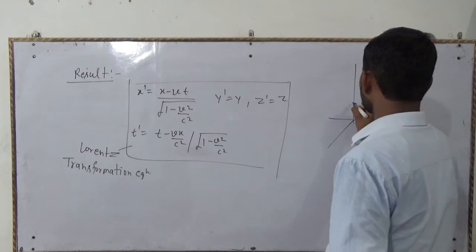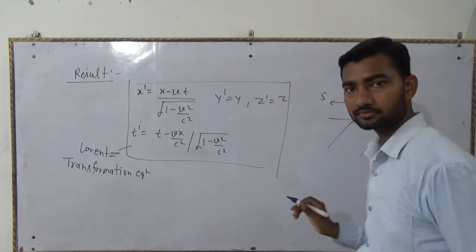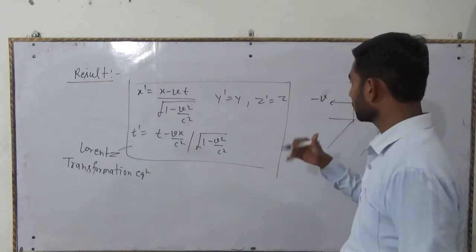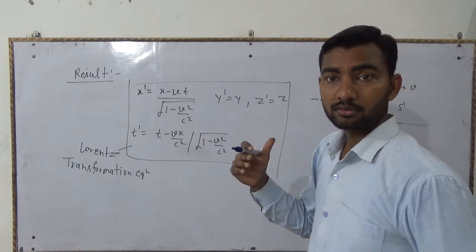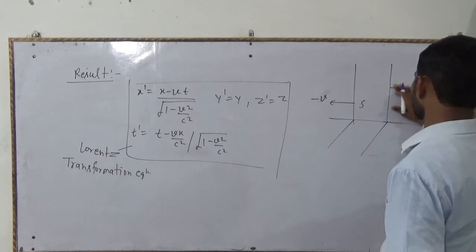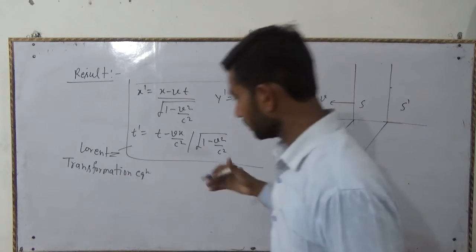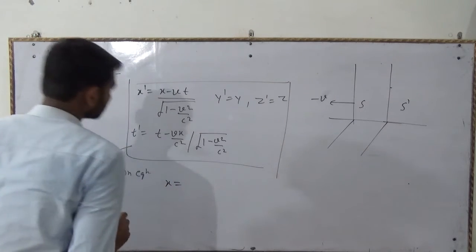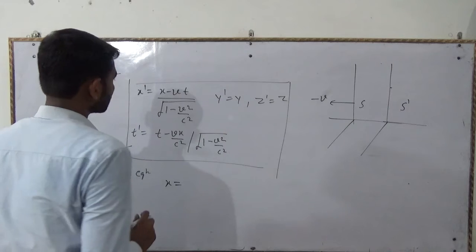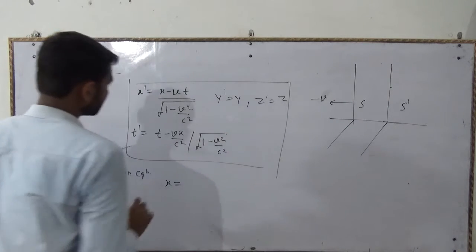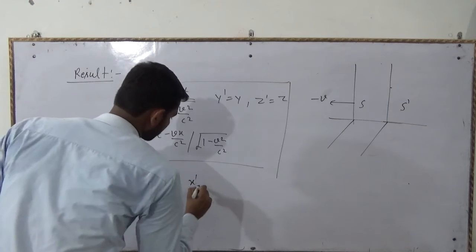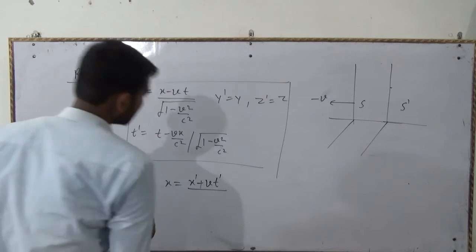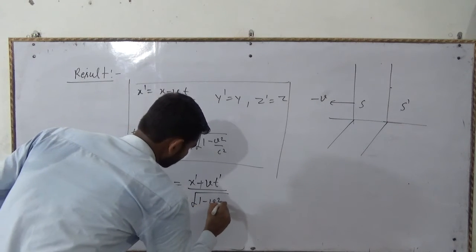If we consider that the frame of reference S is moving with uniform velocity v along the negative x-axis, or we can say with negative velocity relative to the frame S dash, then we will get the equations: x dash is replaced by x, the negative sign is replaced by a positive sign, and t is replaced by t dash. So x is equal to x dash plus vt dash upon under root 1 minus v square by c square.